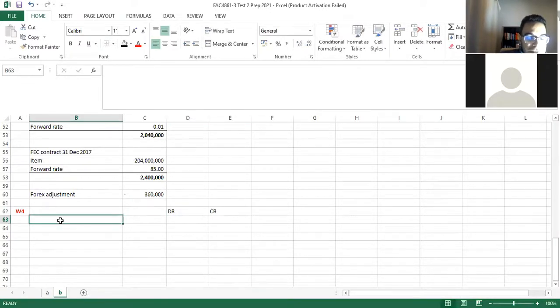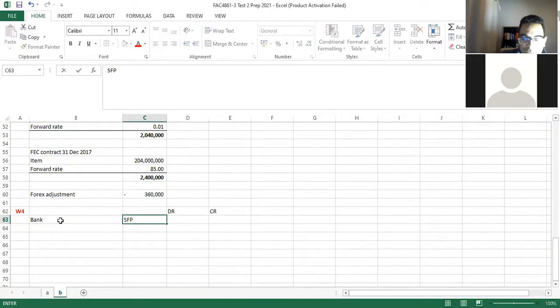So we will have debit bank, which will be SFP, and it will be the bank amount that you receive, the coupon payment. This will be the coupon payment, you debit it. Then we will have credit interest income. Interest income will be credited over there. This will be P&L.